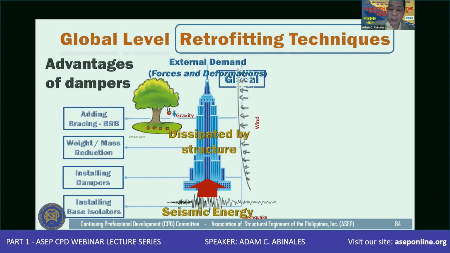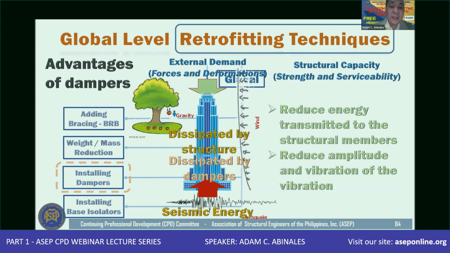But if you introduce dampers, then that other seismic energy would be further dissipated by the dampers. So dampers would reduce energy transmitted to the structural members, and reduce the amplitude and the period of the vibration. Then in effect, the forces and demand would be reduced.